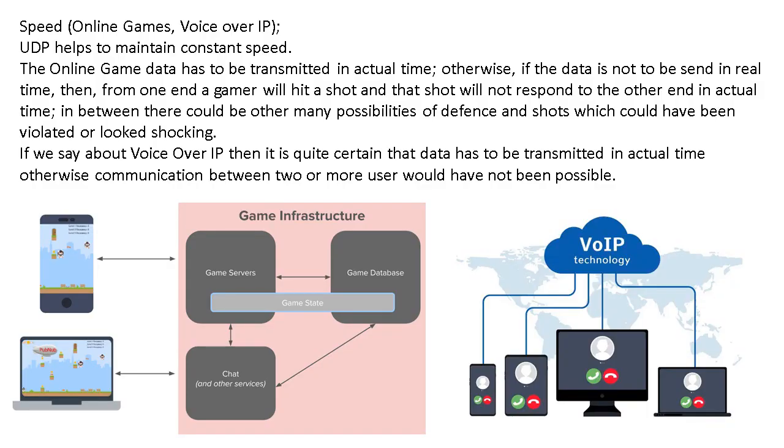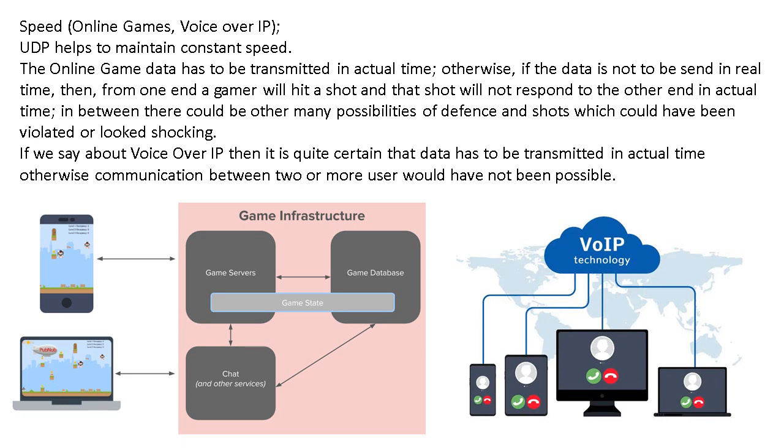Speed, online games and voice over IP. UDP helps to maintain constant speed. The online game data has to be transmitted in actual time. Otherwise, from one end a gamer will hit a shot and that shot will not reach the other end in actual time.